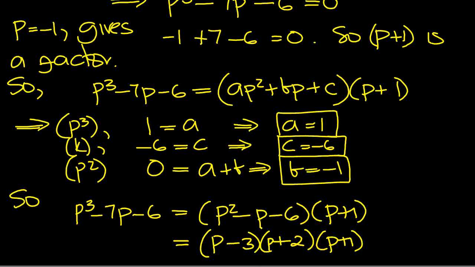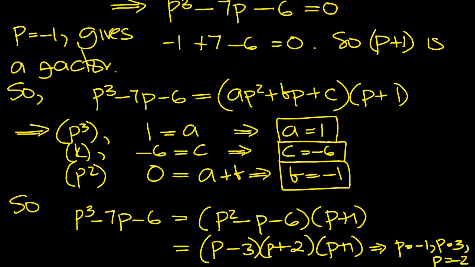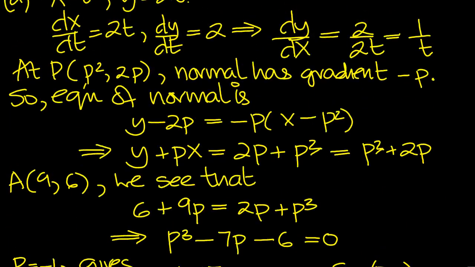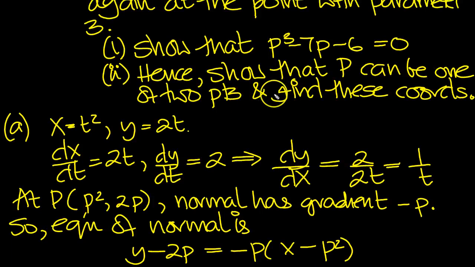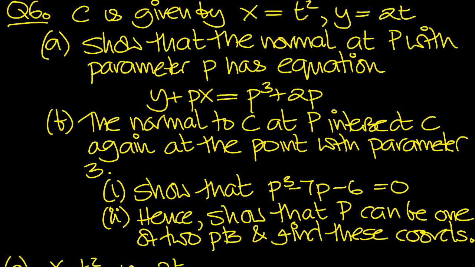So that gives us that p is equal to minus 1, p equals 3, or p equals minus 2. So let's go back to our original problem then. I have 2 points and find these coordinates.